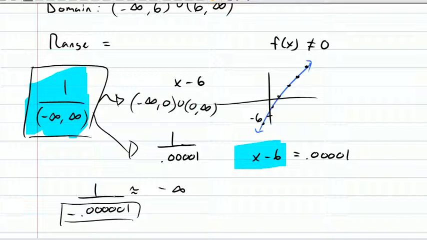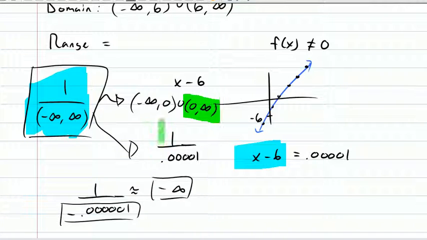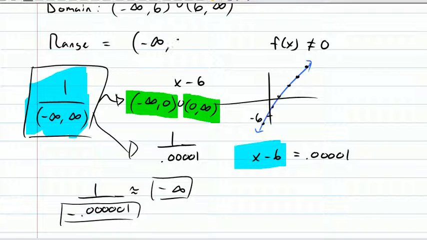So there are infinitely many very small parts in 1. So that's why we get negative infinity. So we're talking about the range here. We can get really positive y values. We can get really negative y values, but we can never get 0. So that's why our range is from negative infinity to 0, union 0 to infinity.